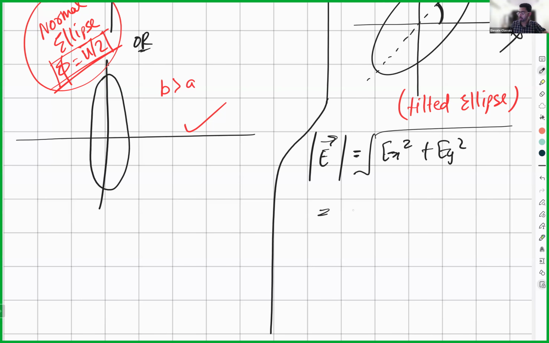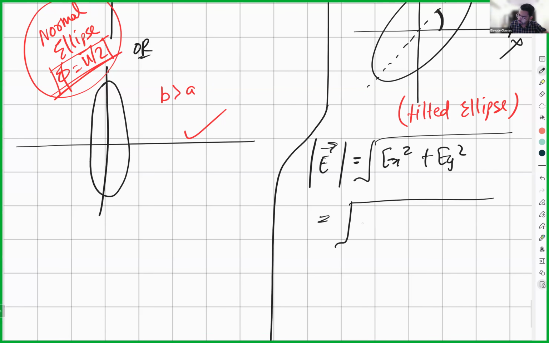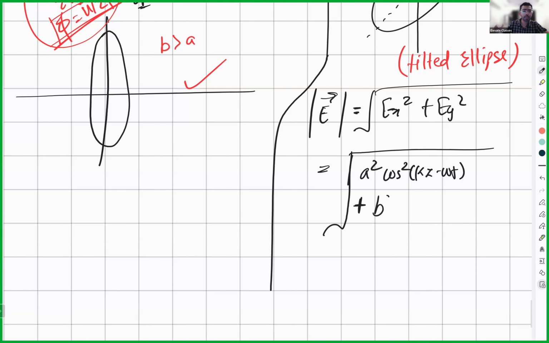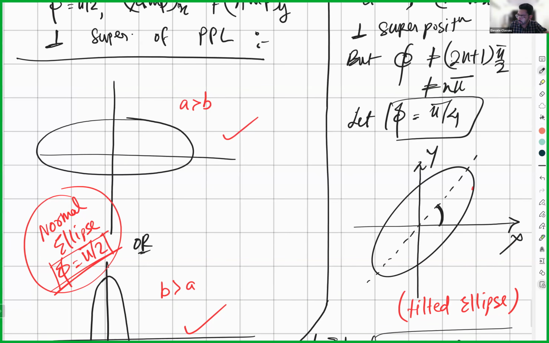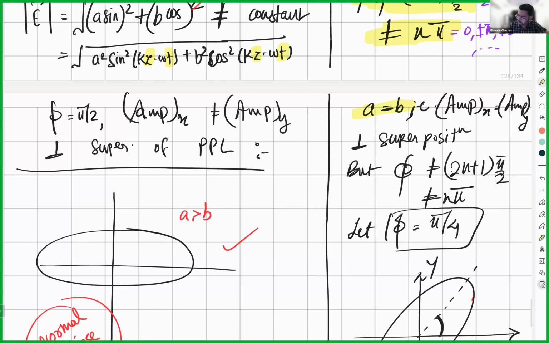Over here it will be a square cos square of kz minus omega t, plus b square. For a general case, you can also have equal magnitudes, and here we have said a is equal to b, so let us take it equal.